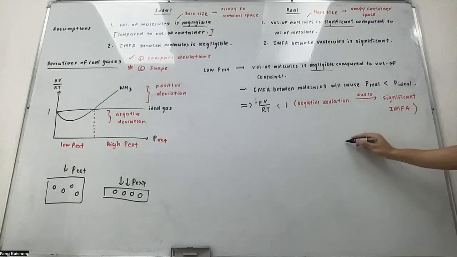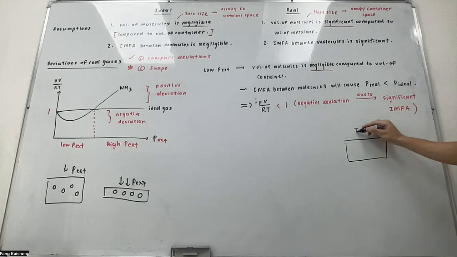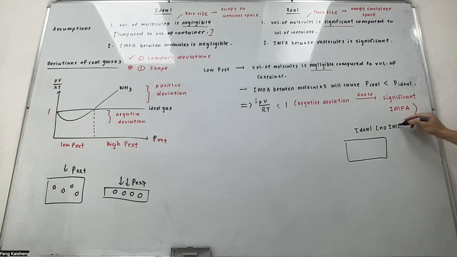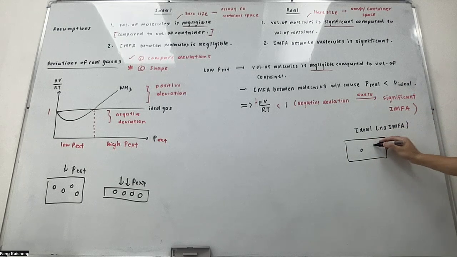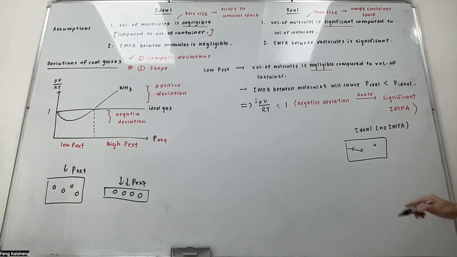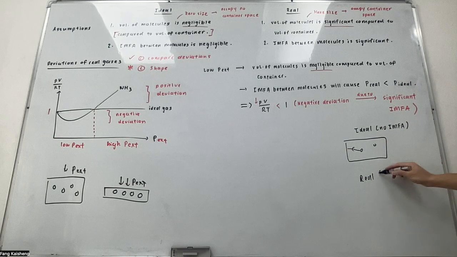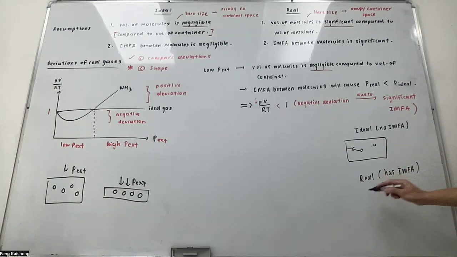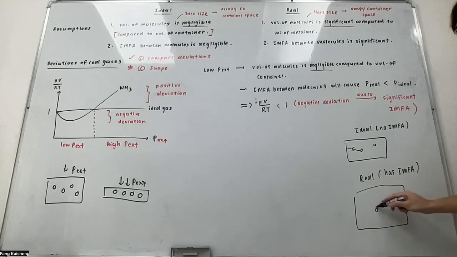If you want to draw the analogy, I'll draw it again for you. Ideal gas, no intermolecular forces, so the gas particles are just separate. You want to whack the wall, you whack it at full force. But a real gas has intermolecular forces, so those attractions will prevent it from whacking the wall with full force.